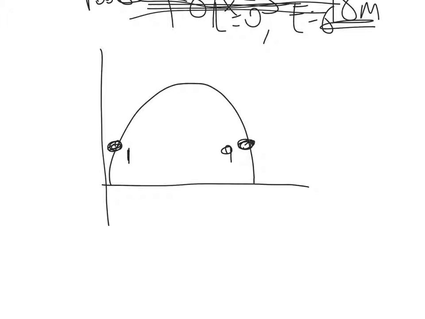Part B then says, will the arrow reach a height of 30 meters? So will its peak height reach 30 meters? Well, we know that after 1 second it will reach 9 meters, and after 9 seconds it will reach the same height. We can then, from symmetry, see that halfway between 1 and 9 will give me the peak height in terms of the time.